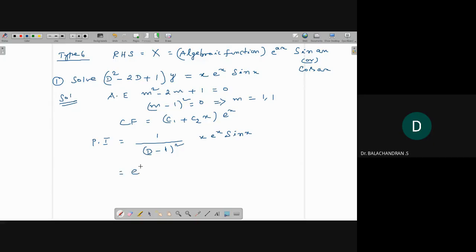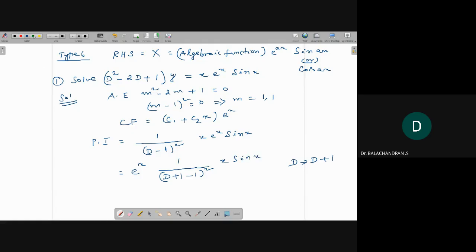So e power x, that means you are replacing d by d plus a. A is here 1. So (d plus 1 minus 1) whole square into x into sin x.